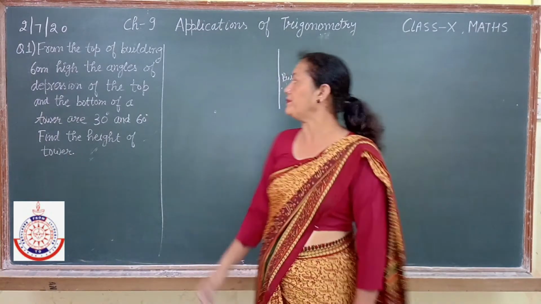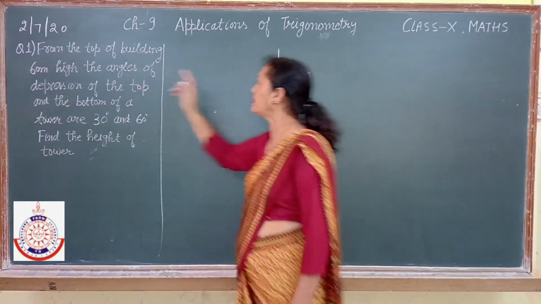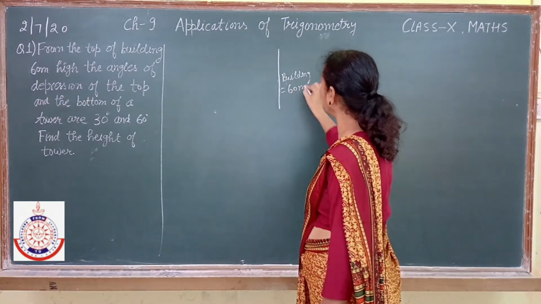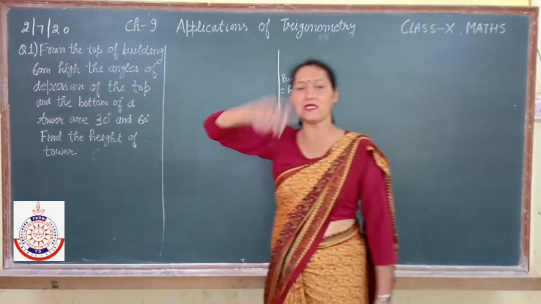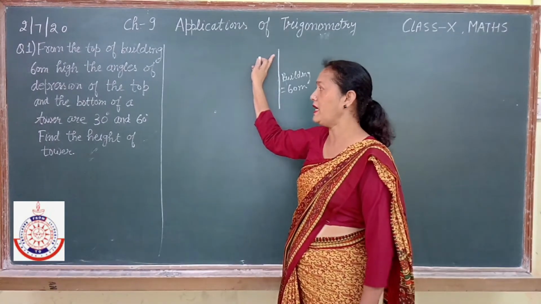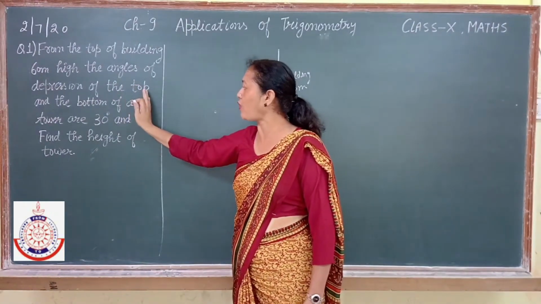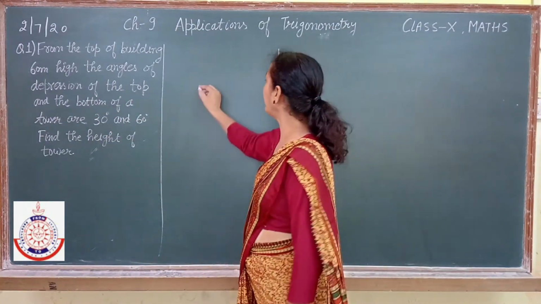Now in this question, the height of the building is given as 60 meters. The person is standing on the top of the building and is watching the top and the bottom of a tower. Now there is one tower.